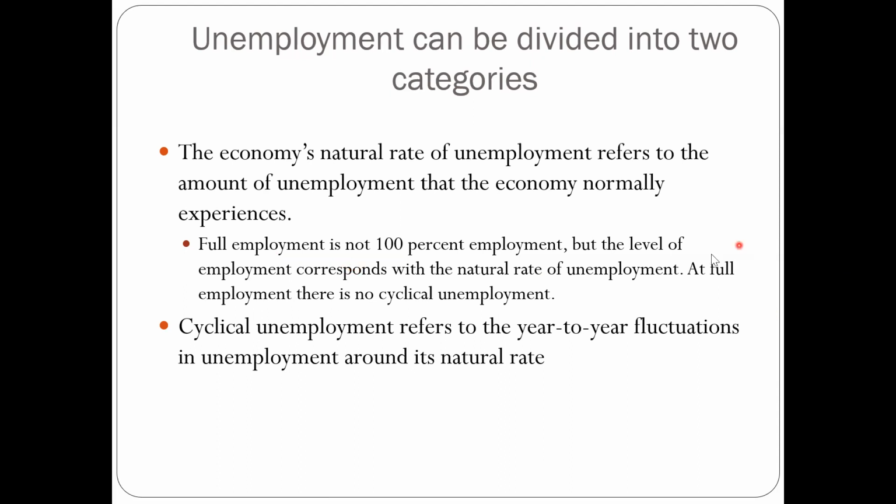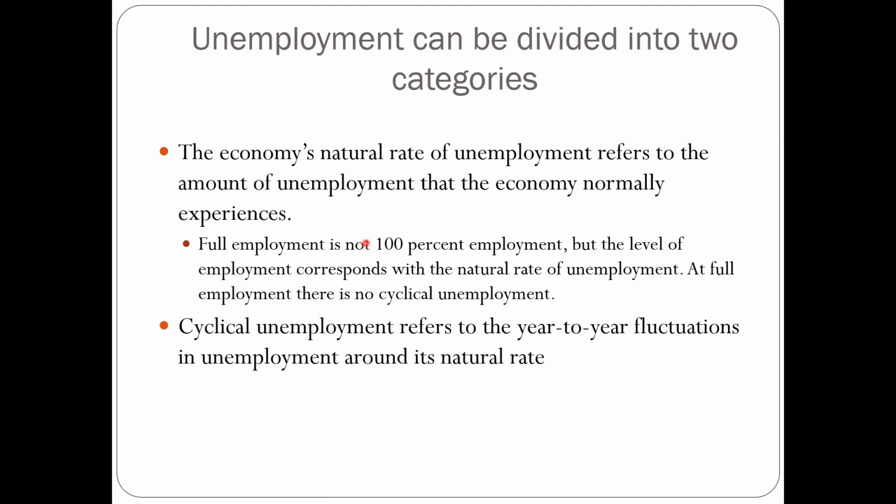This means when we have full employment, we don't have cyclical unemployment. So we must focus on this part. Here we had full employment. If we have full employment, this doesn't mean we had 100% employment.